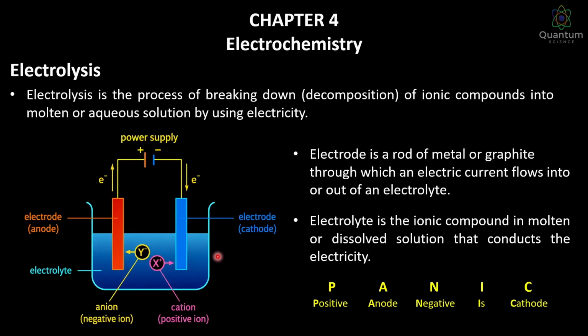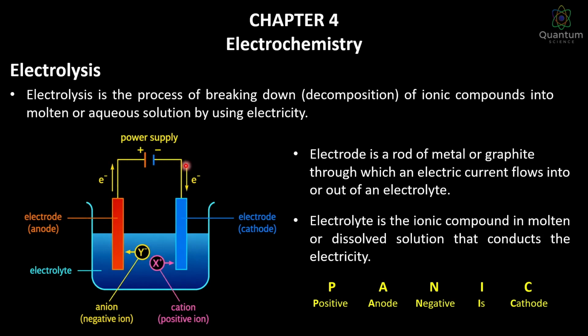And remember, electric current is conducted in two different ways in electrolysis. From the power supply to the electrode, this is the movement of electrons. So the movement of electrons from the power supply is from negative to positive, or the movement of the electricity.